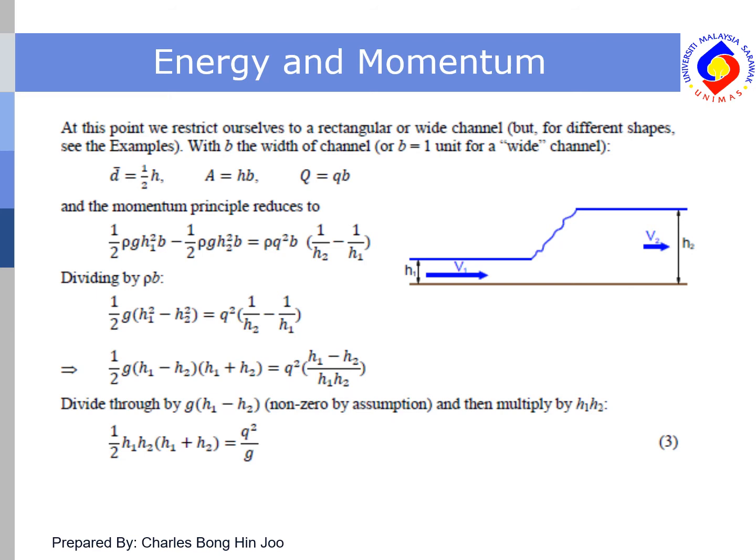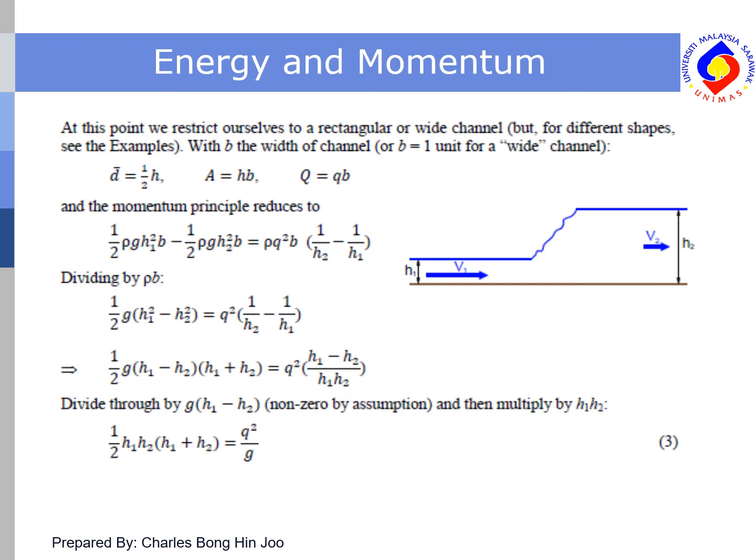Then taking the depth as h, the area will be equal to h multiplied by the width of the channel, which is B, and the Q will be equal to the q per unit width multiplied by B, which is the width of the channel.